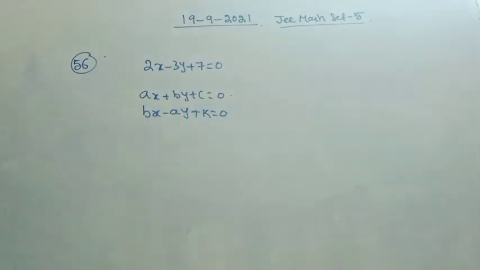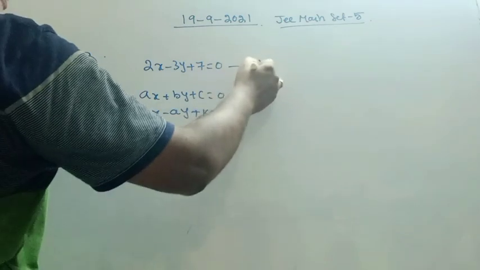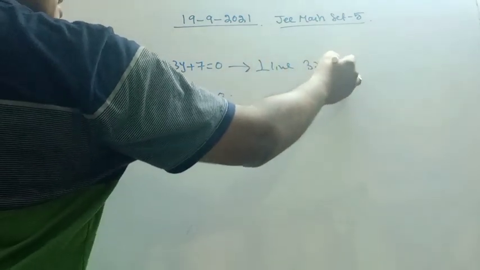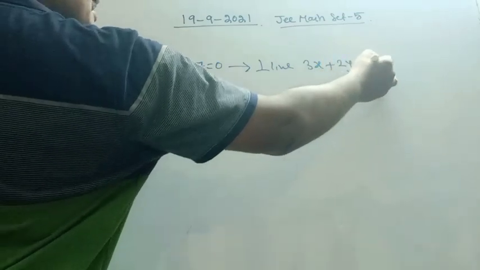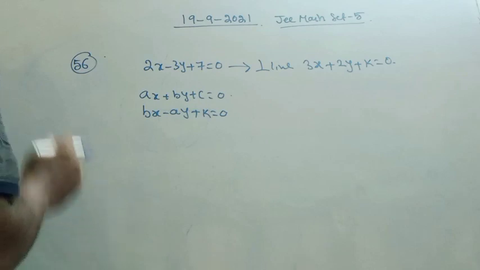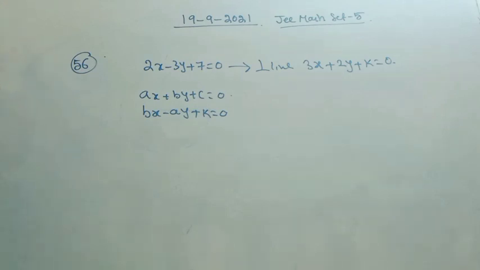Therefore, for this, the perpendicular line is 3x plus 2y plus k equal to 0. You just find the perpendicular line for this.